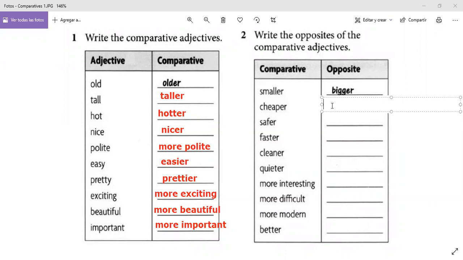But what is the comparative adjective of expensive? Hazel? Gerardo?